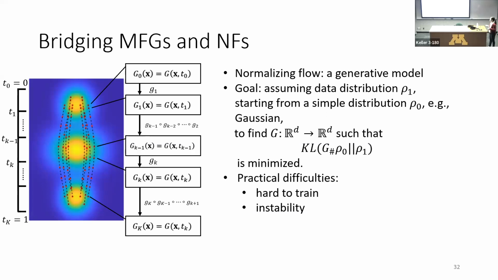And they also observe the training of this normalizing flow is very unstable. Our interpretation of this issue is when you train the normalizing flow, you actually don't impose anything on the trajectory. So your trajectory can be very wild when trying to match ρ0 to ρ1.